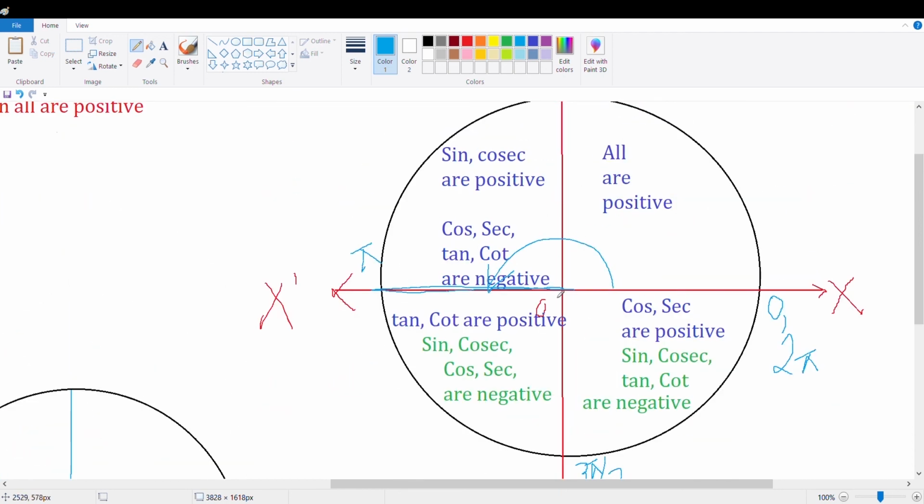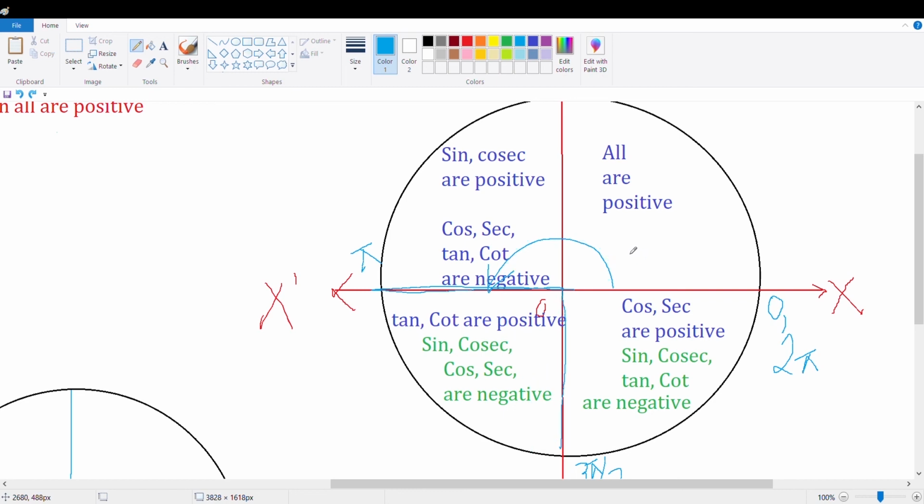Similarly, when this line is here, what will be this angle value? The angle value will be 3 pi by 2, right? Similarly, when this line goes up to this, it will be 2 pi or 360 degree. It is called a complete angle, right?